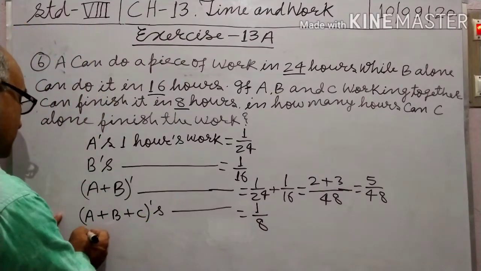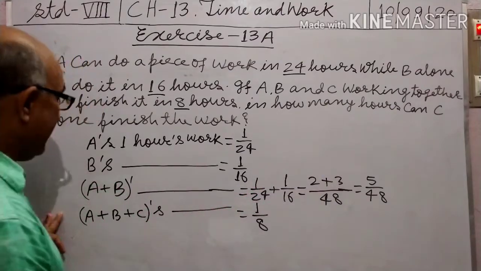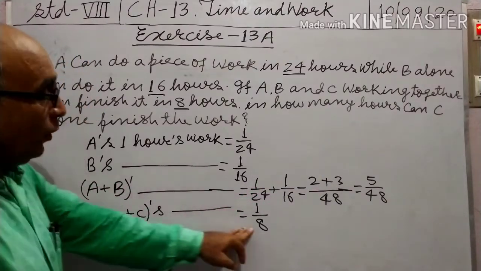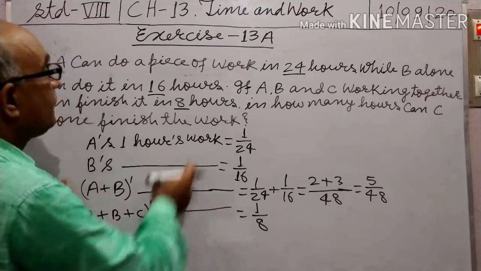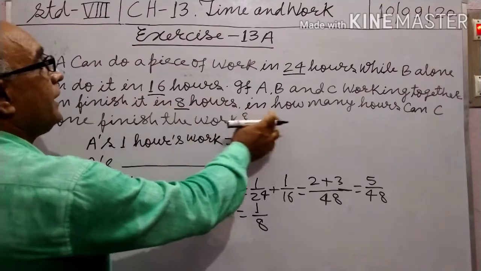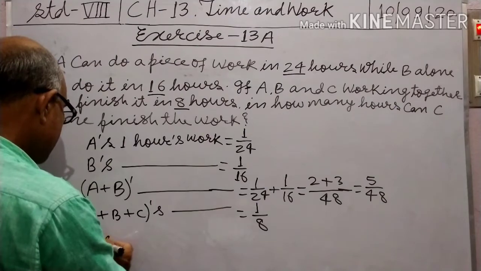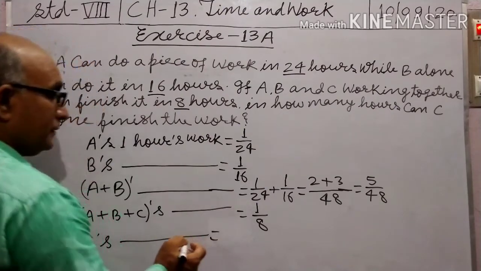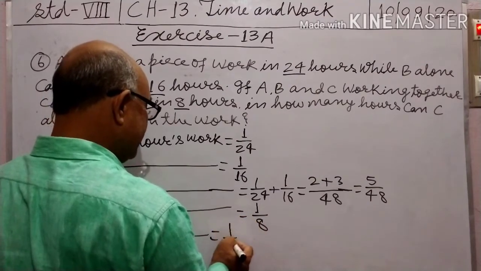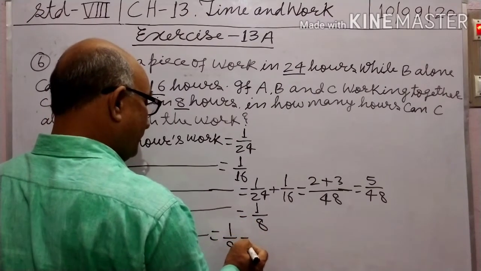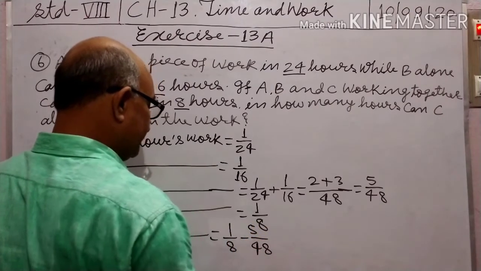Now A plus B's 1 hour's work is 5 by 48, and A plus B plus C's 1 hour's work is 1 by 8. Find in how many hours C alone can finish the work. So C's 1 hour's work is 1 by 8 minus 5 by 48.